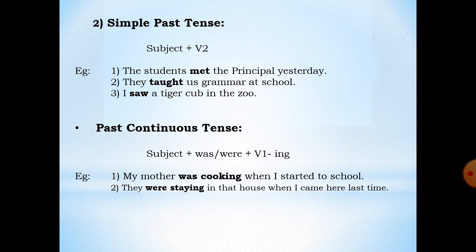Again it is the same as we have studied about present tense. It's the same, only what we have to remember is that helping verbs are going to be changed. Like first, subject plus was or were, okay, plus V1 and ing. In the present tense, what had we used?